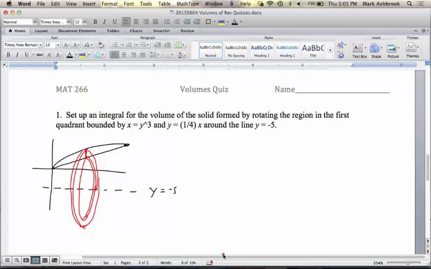Okay, so that's what our washers are going to look like. And so what's our volume of a typical washer?